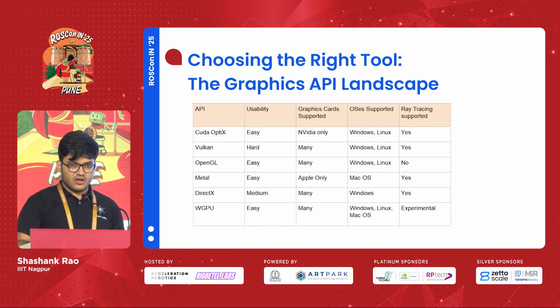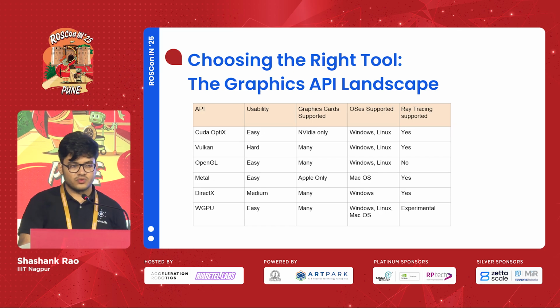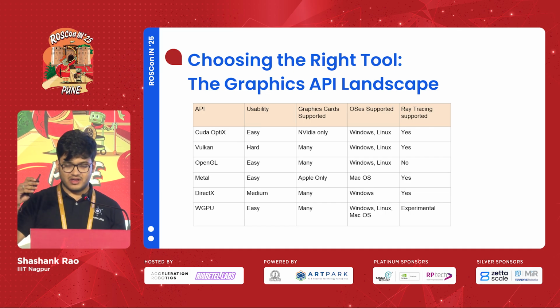Now, many of you might know that when using GPU compute, we need to use a graphics API. In the graphics API landscape, most options are proprietary, limited to an OS, or vendor locked.